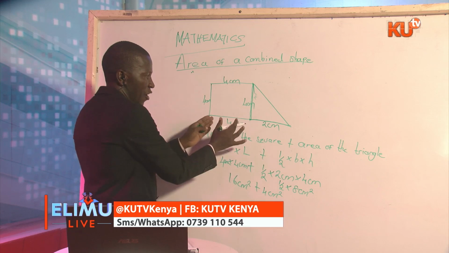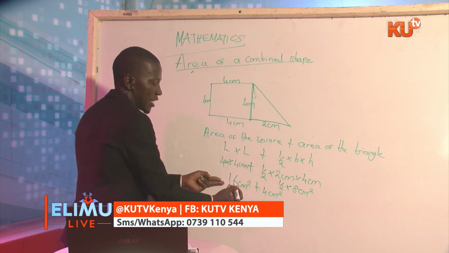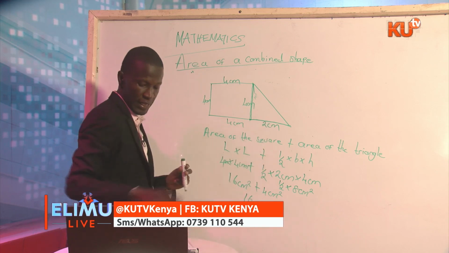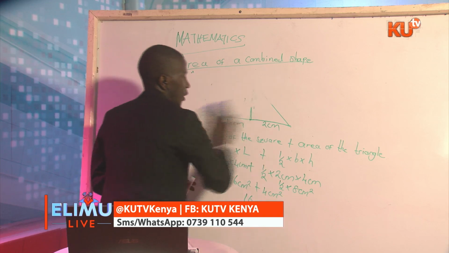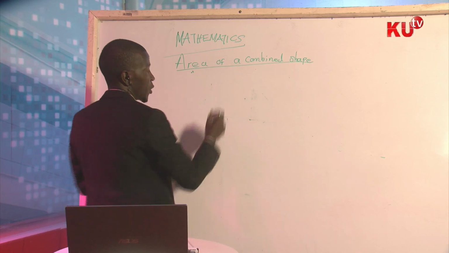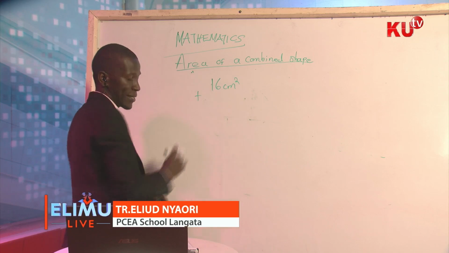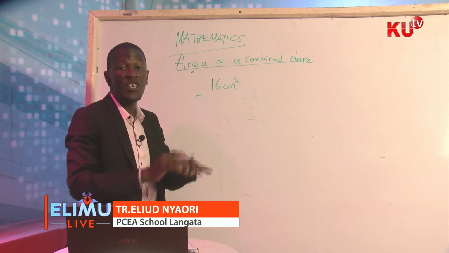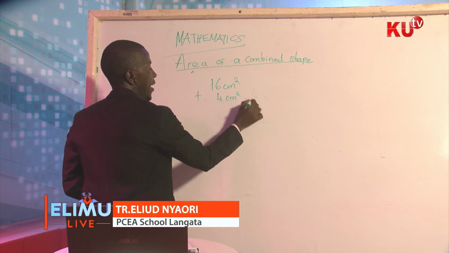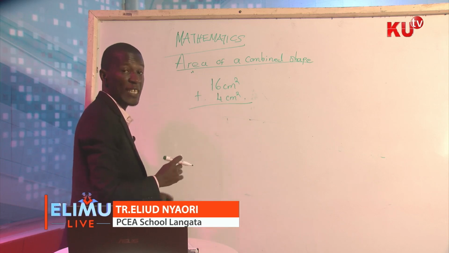So to find the area of this combined shape, I'll add the area of the square, which is 16 centimeters squared. Let me wrap this one so that we can follow easily. The area of the square, which is 16 centimeters squared, plus the area of the triangle, which is 4 centimeters squared. 6 plus 4 is equal to 10.